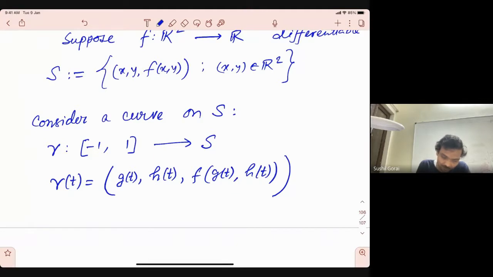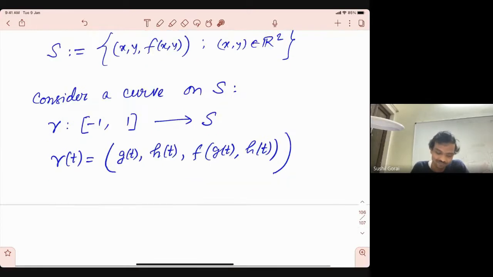You could have g, h, and then another one, k(t). All these three would give you a curve in R3, but that might not lie in the surface or in the graph S. So for that, you need the third component to have this form.